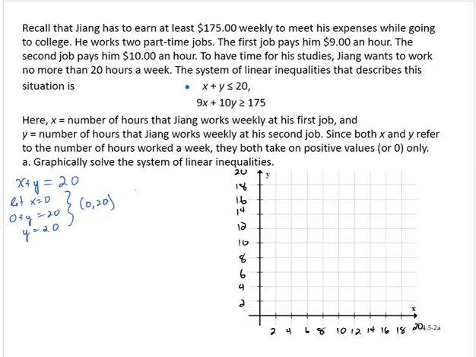Similarly, if we let y equal 0, then we would have x + 0 = 20, and so x = 20, and so we have the x-intercept at (20, 0). So plotting those points, (0, 20) and (20, 0), since it's an or-equal-to inequality, we'll use a solid line.